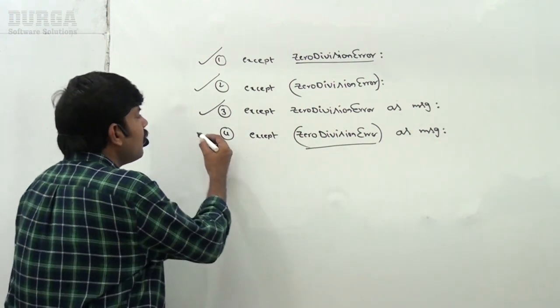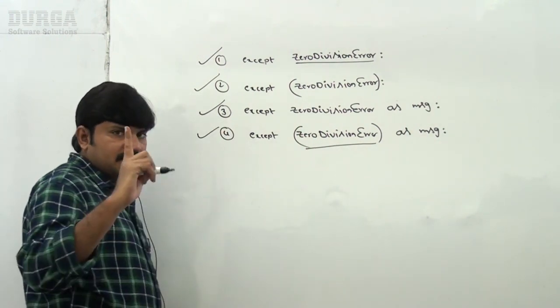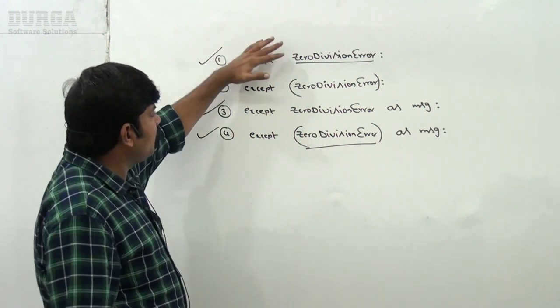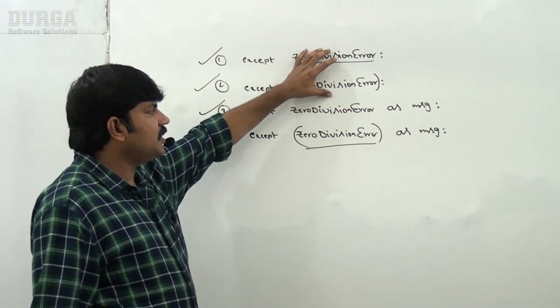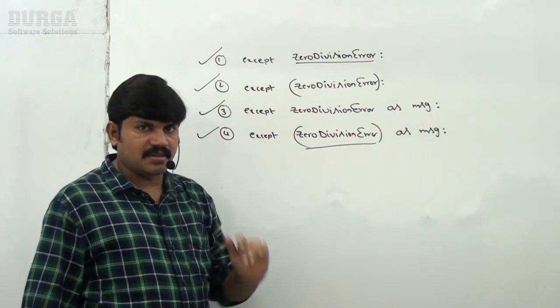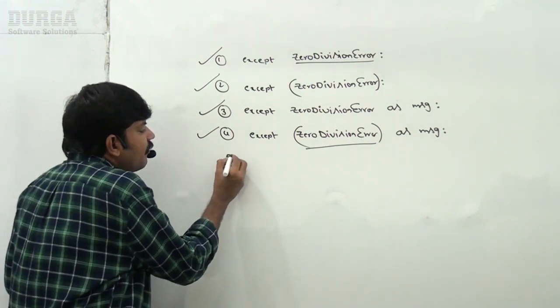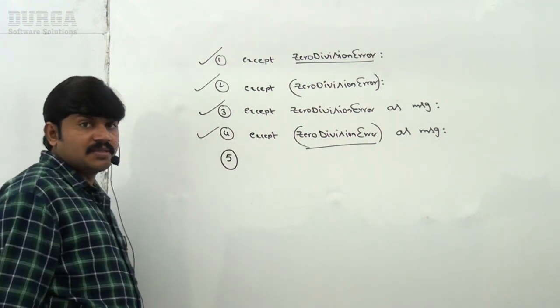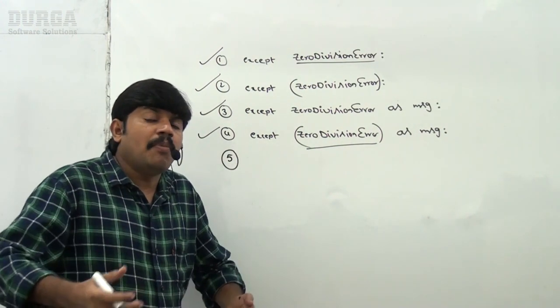Okay, so to handle a single exception, how many syntaxes are there? These are the things, sir. Next, if I consider the fifth one, listen carefully. I want to handle multiple exceptions.